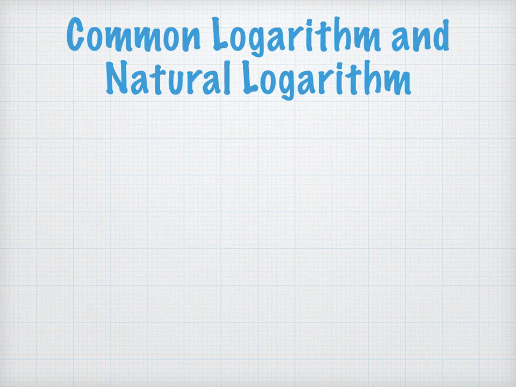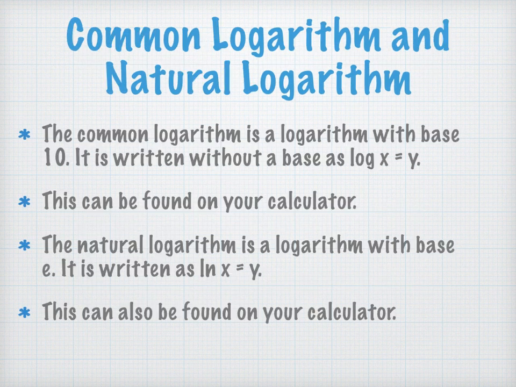But first we need to talk about the common logarithm and the natural logarithm. The common logarithm is a logarithm with the base of 10. It's often written without a base, so you'd see log of x equals y. This is the log that is found in your calculator, spelled out log or log x.